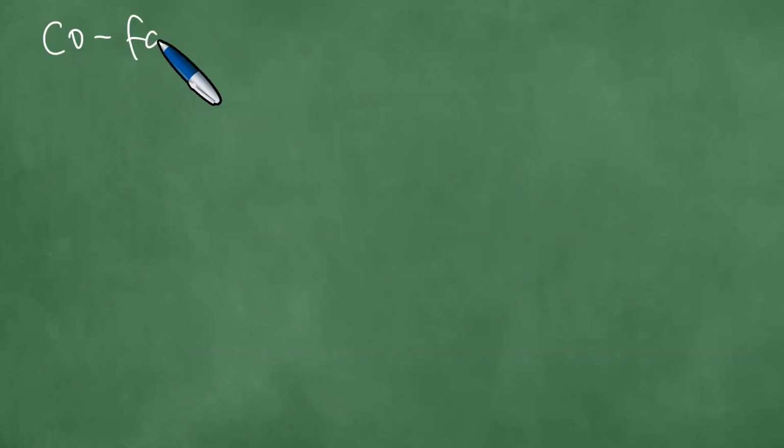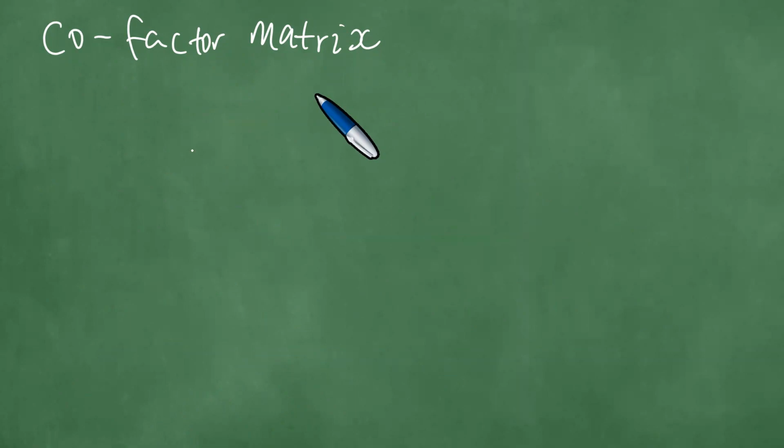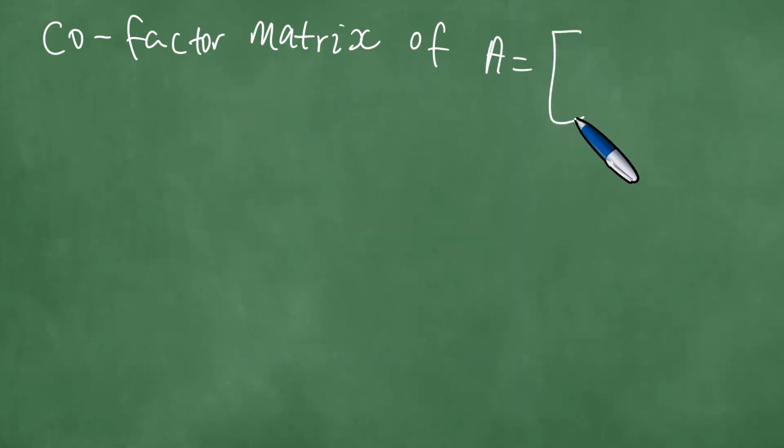Cofactor matrix. How do we find the cofactor matrix? So now the cofactor matrix would consist of the cofactors of the matrix A. What is the matrix A? Right, 2, 5, 0, minus 3, 7, 1.